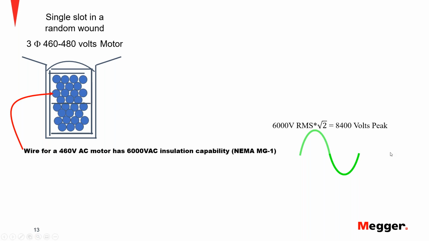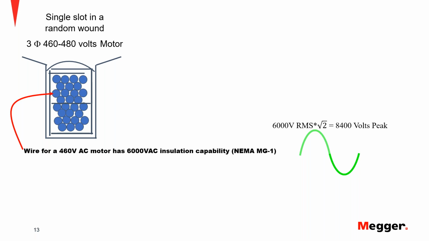Remember that in order to do that conversion, we take the peak of the AC waveform, and we say that the capability for that piece of insulation to support voltage is equal to the peak of the maximum AC RMS voltage that insulation can take.